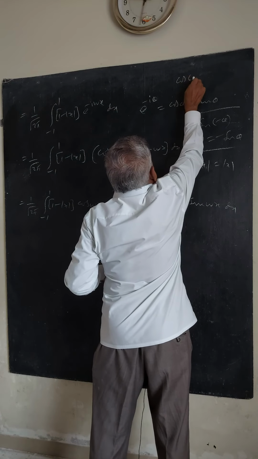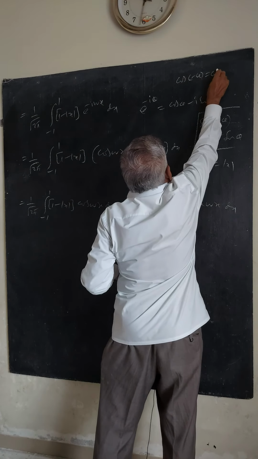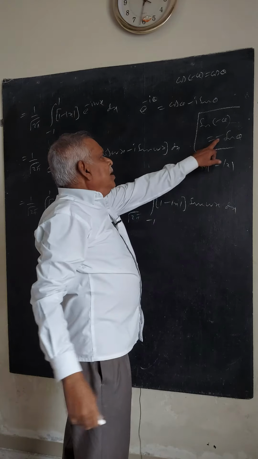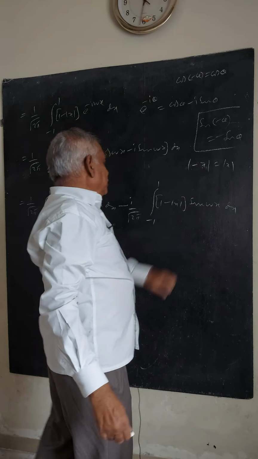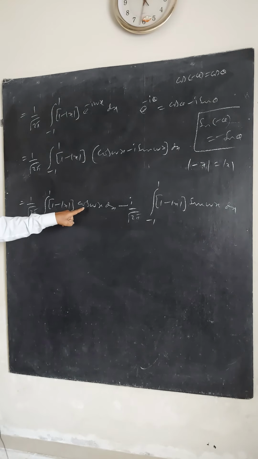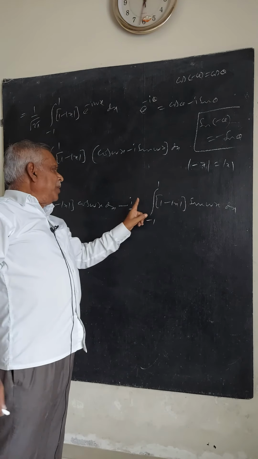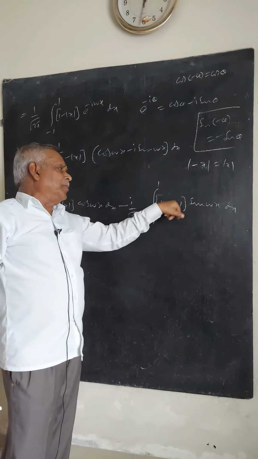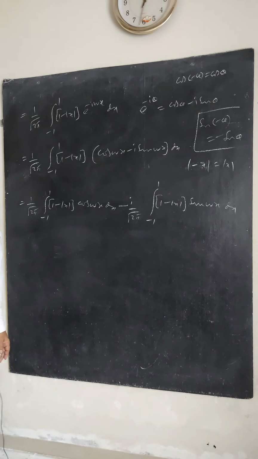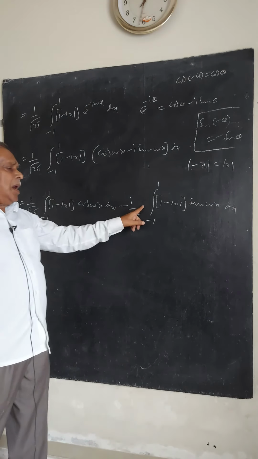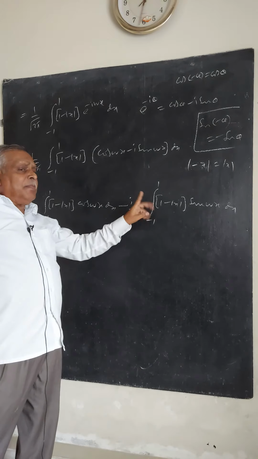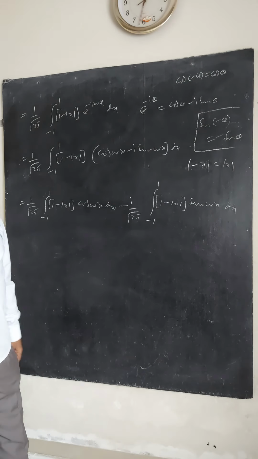Similarly, cos minus theta equals positive cos theta. Sin only will give the outer negative. Therefore, this is an even function and it gives a commutative factor outside. This is an odd function. Therefore, it becomes 0. I already told you that in most sums the imaginary part will become 0 as an odd function.